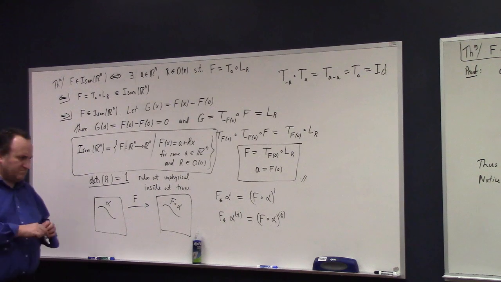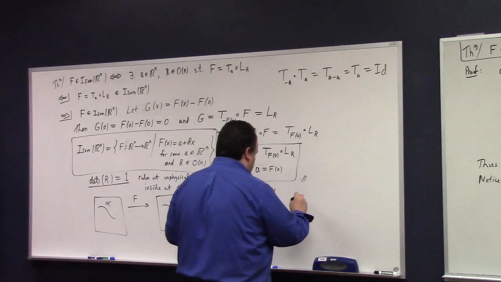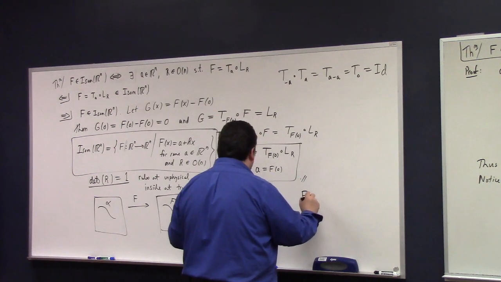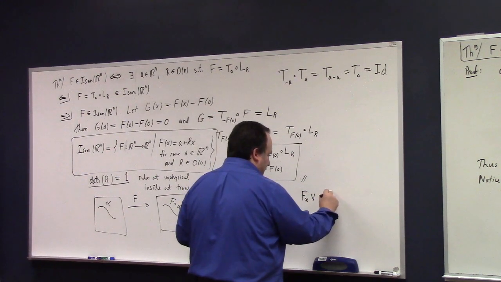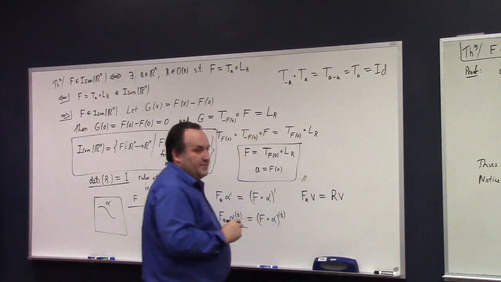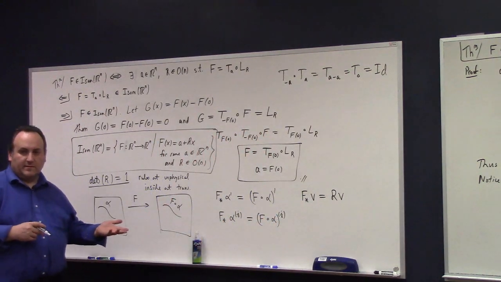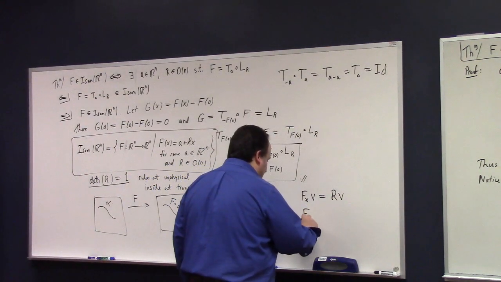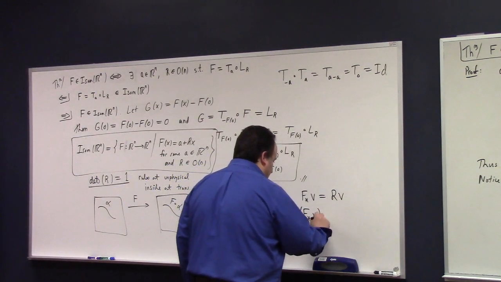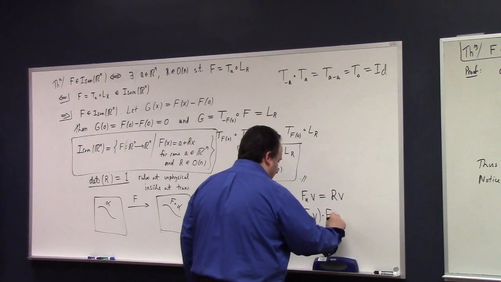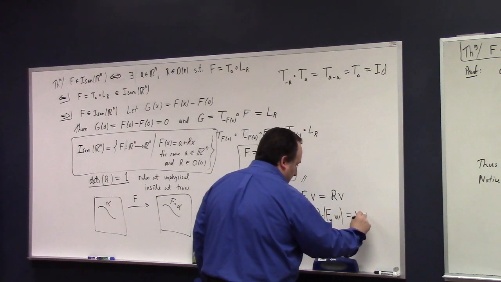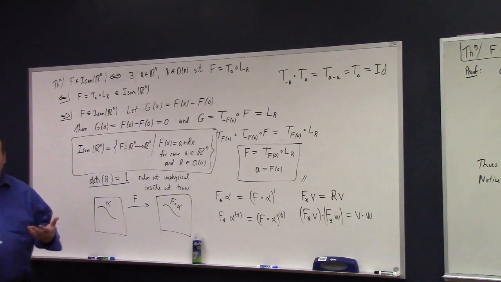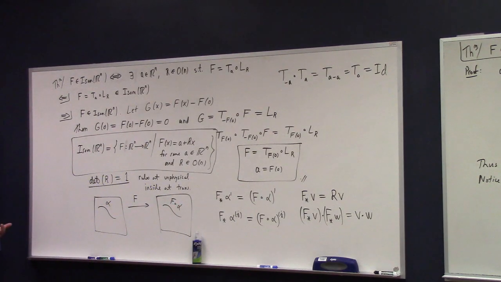And it's more than that though. The push forward of a vector v is equal to rv, where r is the rotational part. So if you push forward under an isometry v, and you take the dot product with the push forward of w, you get v dot w, because it gives you rv dot rw. So the dot product is preserved under the push forward of an isometry.